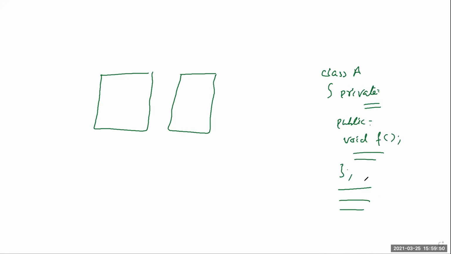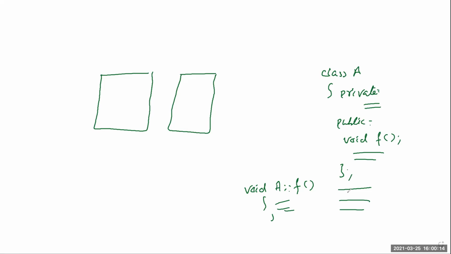We did this with the scope resolution operator. To recall, it was something like void, the name of the class, scope resolution, the name of the function, and then you provide the body. Now it's good: we have a crisp class definition and function bodies are outside the class, but we want to make it even better.